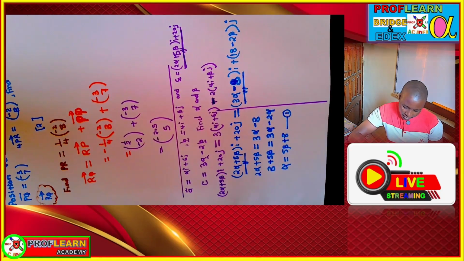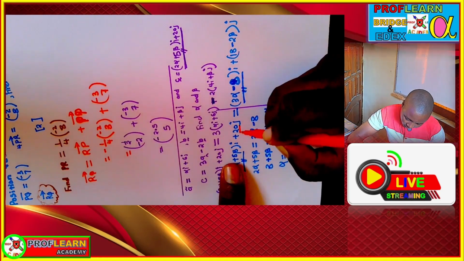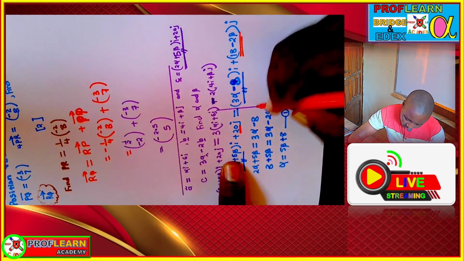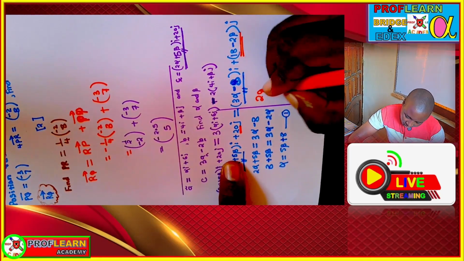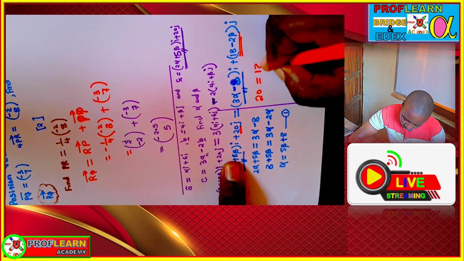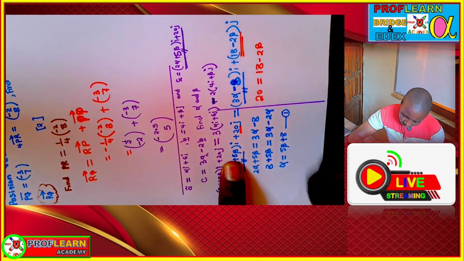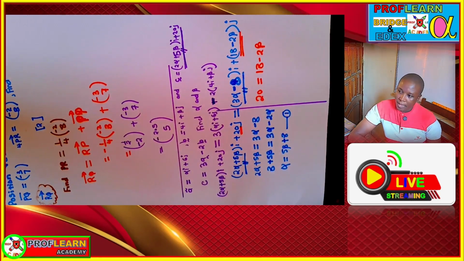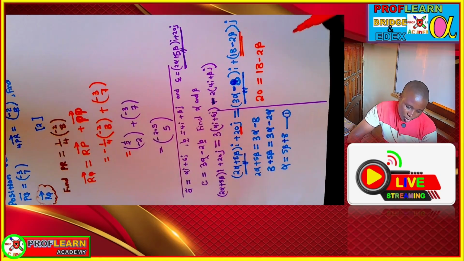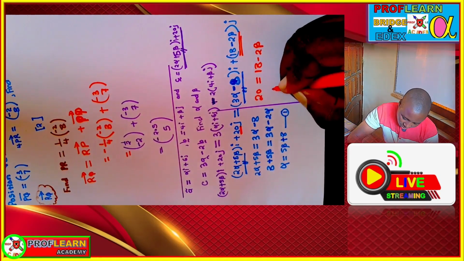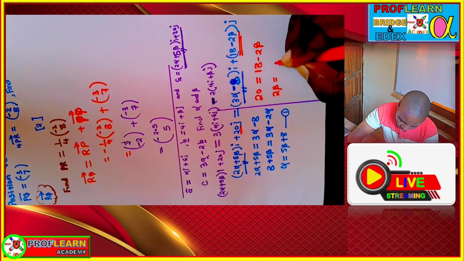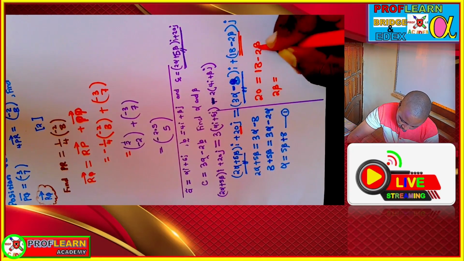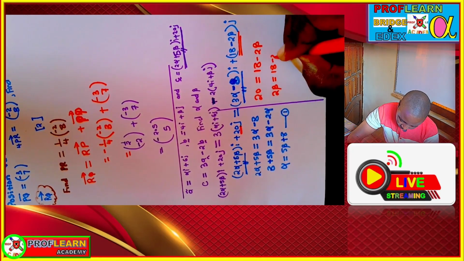Then another part that we are going also to relate is the relationship for j's, j and j. So we shall say 20j, but j and j will cancel out, should be equals to 18 minus 2 beta. So at that point, we are going to say 2 beta is equals to 18 minus 20.